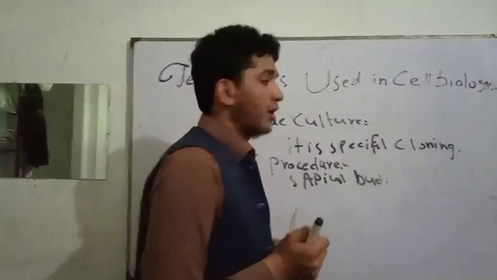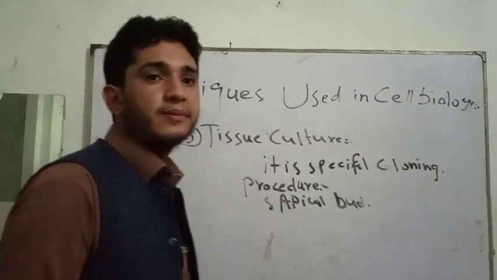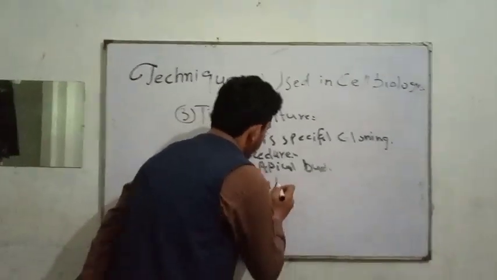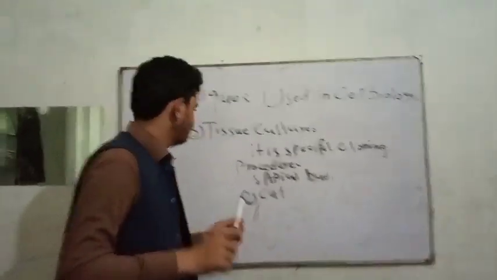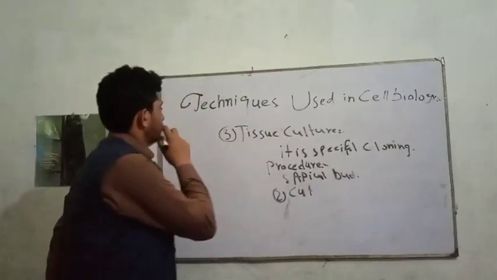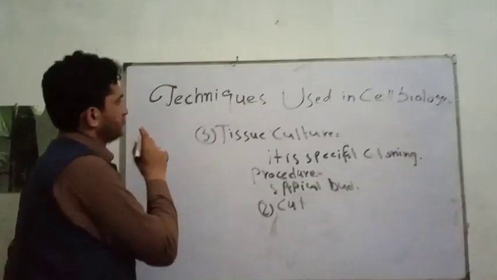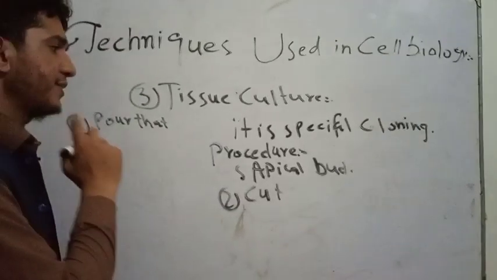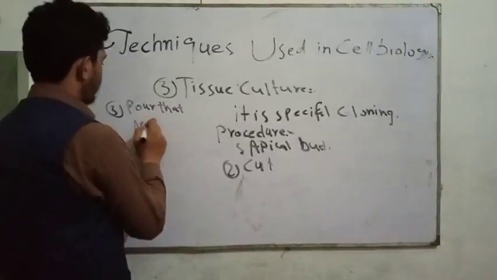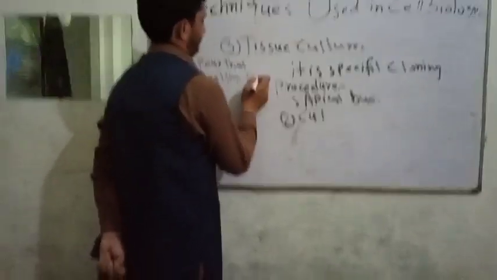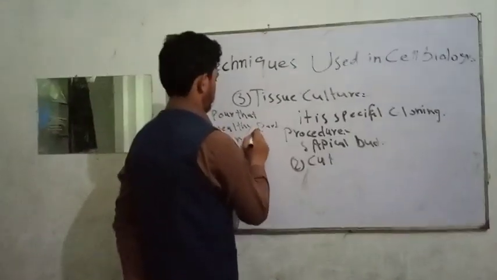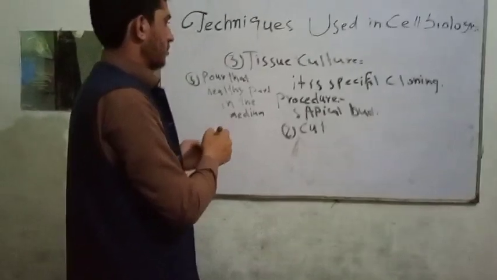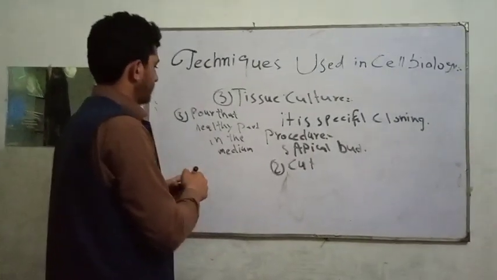That's why we take a healthy part of the plant. The second step is to cut the healthy part of the plant. Third, put the desired healthy part in the medium.